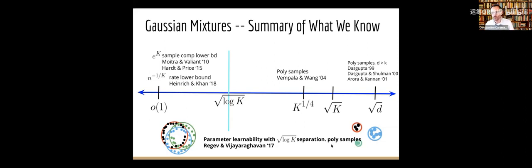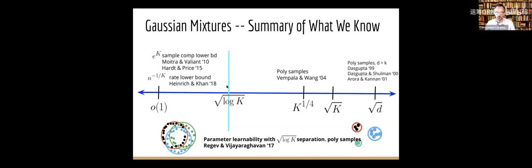They have a somewhat large polynomial, but that doesn't matter. The main breakthrough in this result is making this essentially exponential improvement from poly k to log k. And again, this is in terms of sample complexity.